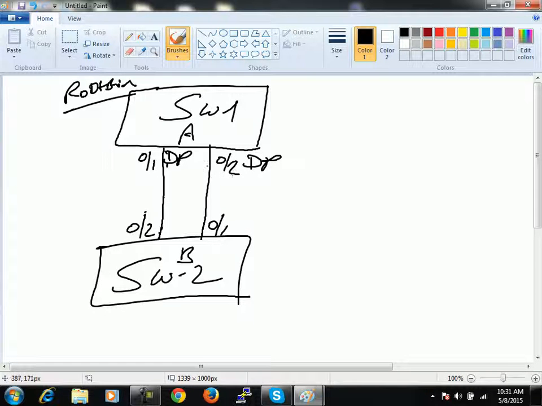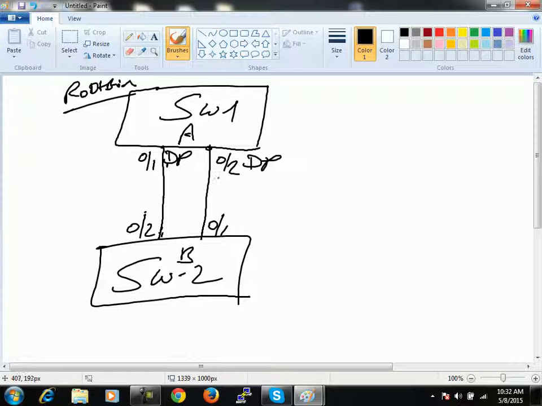Because at switch 1, both interfaces have become DP, on switch 2 it will now perform RP election. Remember that you will never find an RP on the root bridge. You will never find any RP, root port, or non-designated port on a root bridge.